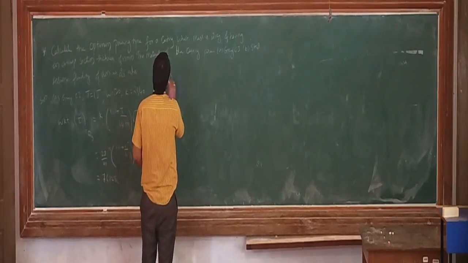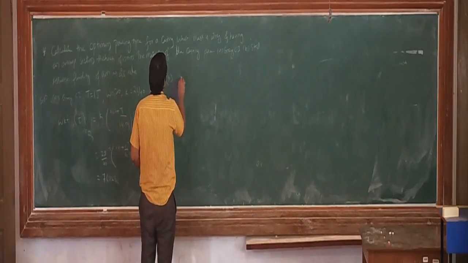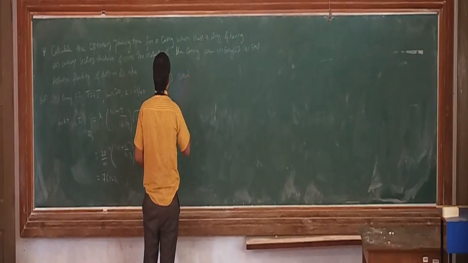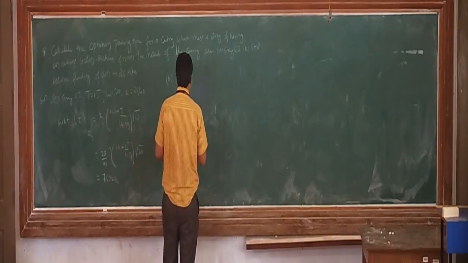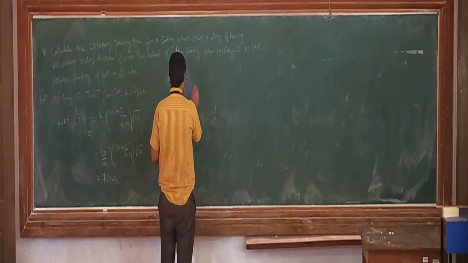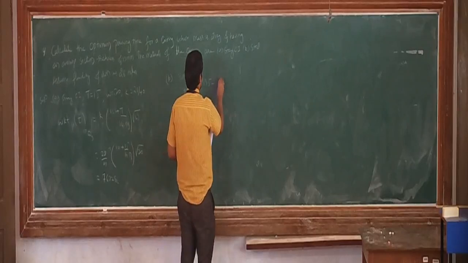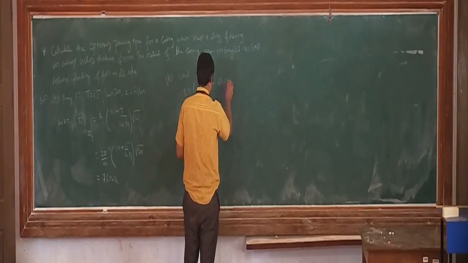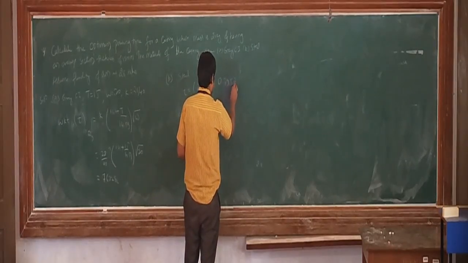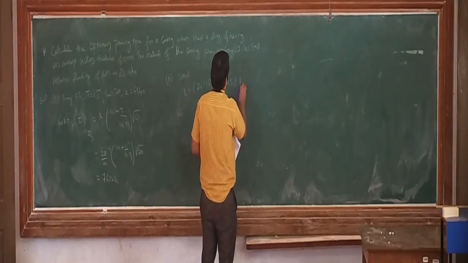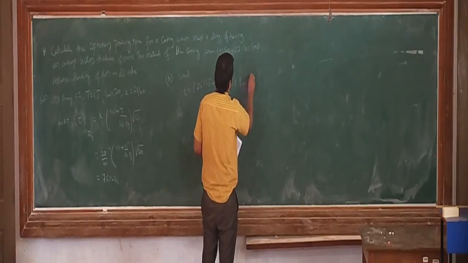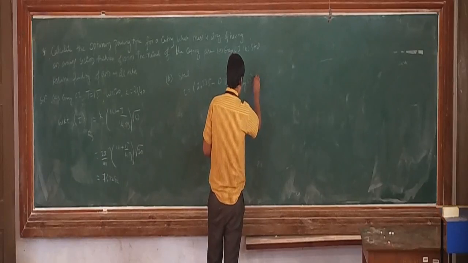B. Steel. Okay. For steel, we know that pouring time T is equal to 2.4335 minus 0.3953 log of casting weight, multiplied by square root of casting weight, in terms of seconds.